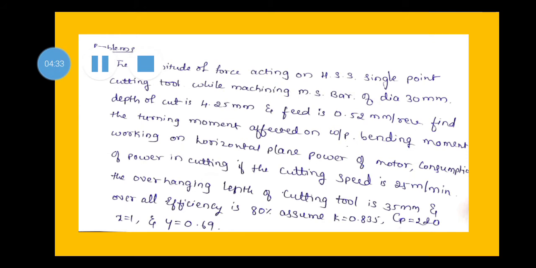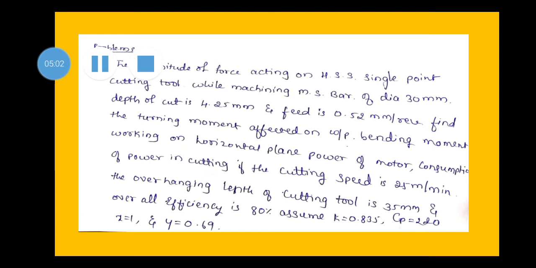Find the turning moment affecting the workpiece, the bending moment acting on the horizontal plane, the power of the motor, and the power consumed in cutting if the cutting speed is 25 meters per minute. The overhanging length of the cutting tool is 35 mm and overall efficiency is 80%. Assume K is 0.835, Cp is 220, x is 1, y is 0.69.